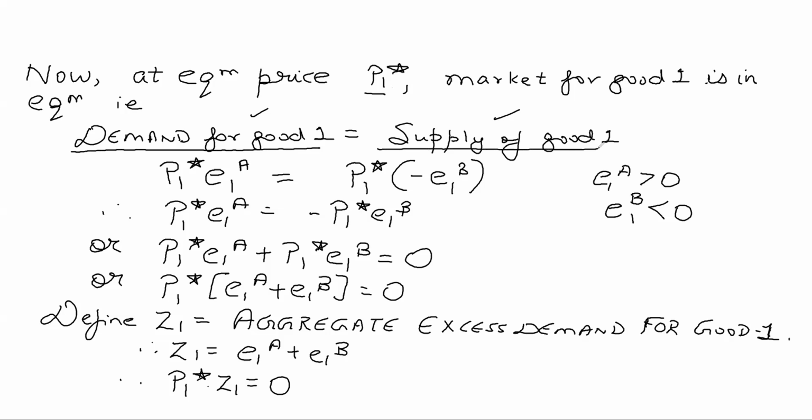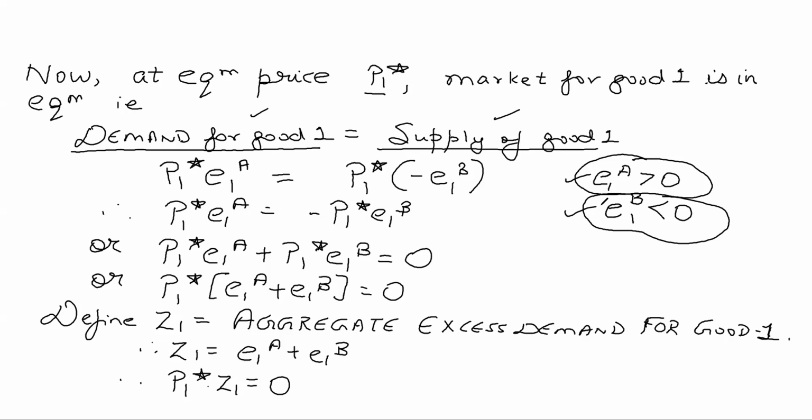Then who is the net supplier of good one? Agent B. So if E1A is positive, then for the equilibrium to happen, E1B has to be negative. Because we are assuming there are only two agents in the economy, A and B. There is no other agent in the economy.